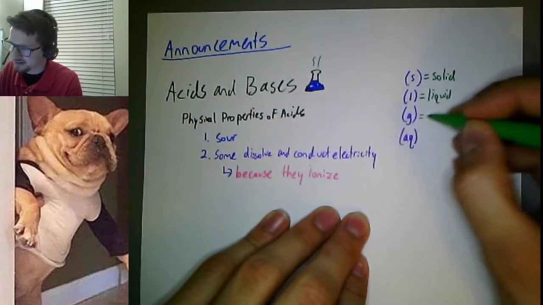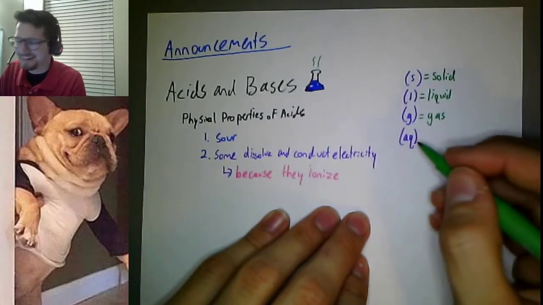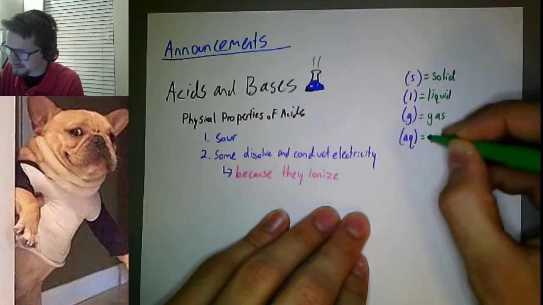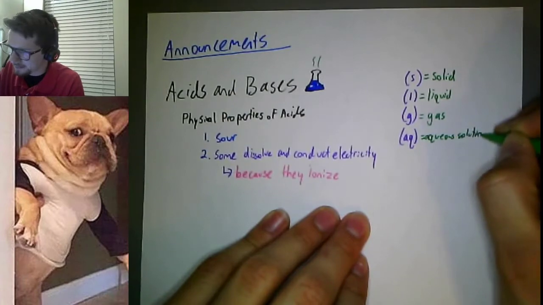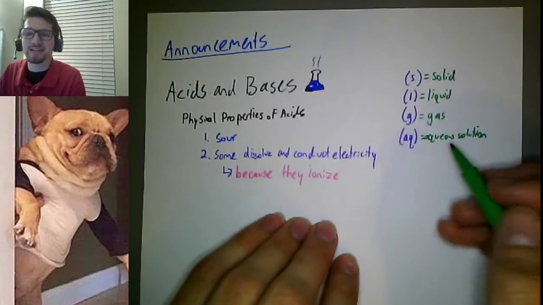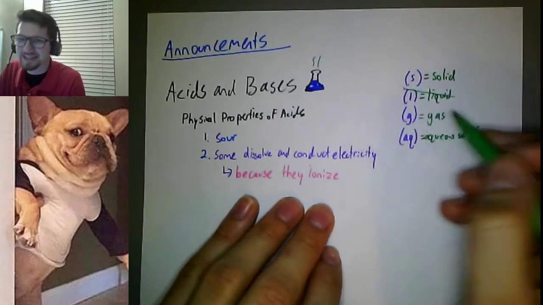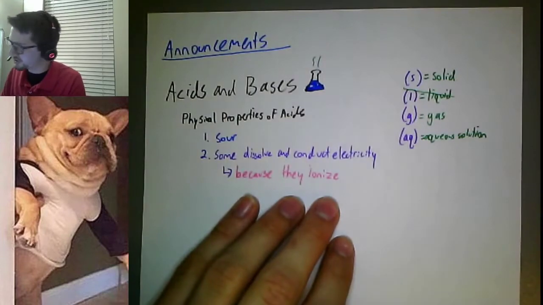If you have a G, it means it's gas. And if it's AQ, this means it's an aqueous solution, which is basically a fancier way of saying liquid. We're not really going to see that too much. Usually you'll have aqueous, but there's always the chance.